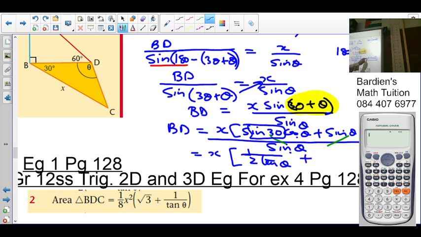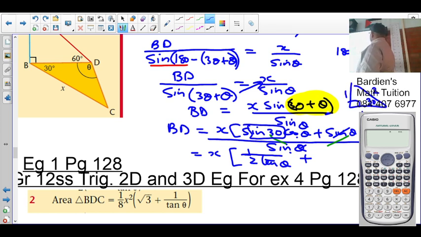Plus sine theta cos 30 over sine theta. The sines will cancel, of course, and I'm left with cos of 30. Now cos of 30 in the special triangle, with sides 1, 2, root 3, is the adjacent over hypotenuse, which is root 3 over 2.